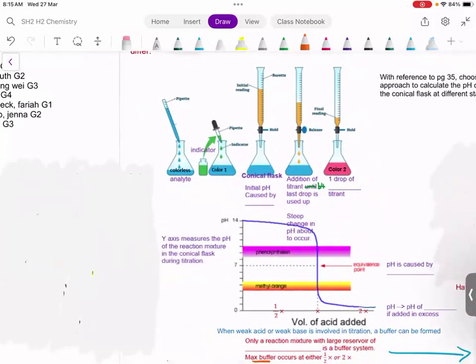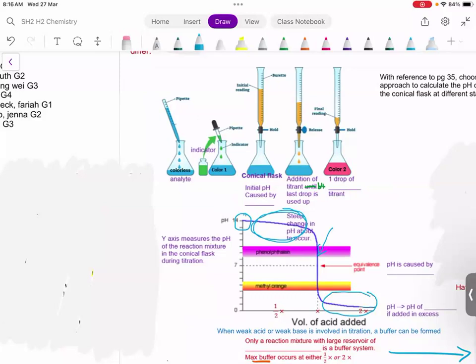Before you start titration, this is the initial pH. This is what happens during the titration before you attain the equivalence point. Then this is exactly the equivalence point. Then this is after the equivalence point when you add titrant in excess. So the graph corresponds to the pictorial representation.